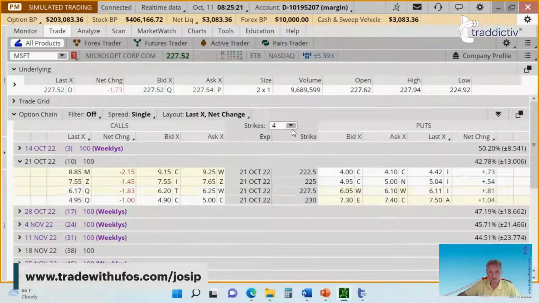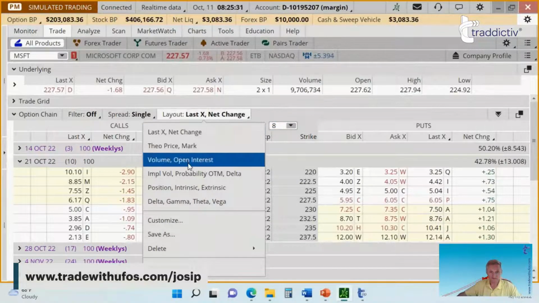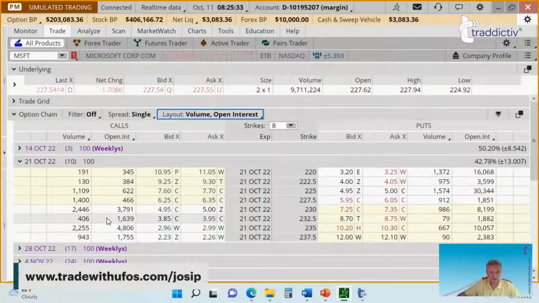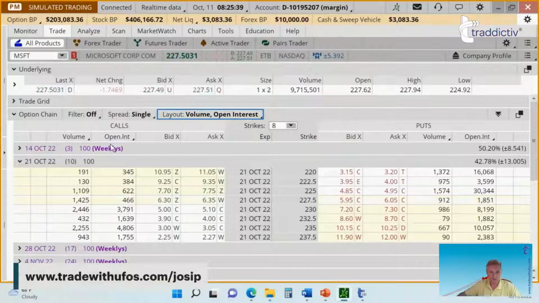So obviously, we need to add a little bit more strike prices. So we're considering doing a 230, 235 bear call spread. And if you want to see the activity, I'm going to switch here to the volume. You would see, of course, the volume and open interest are the two that I populated here.